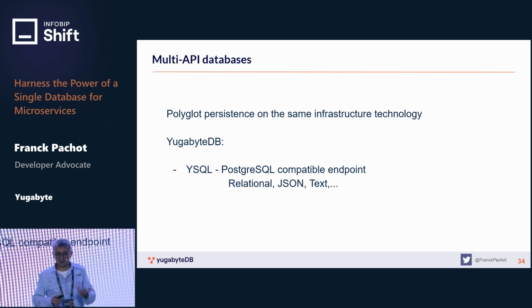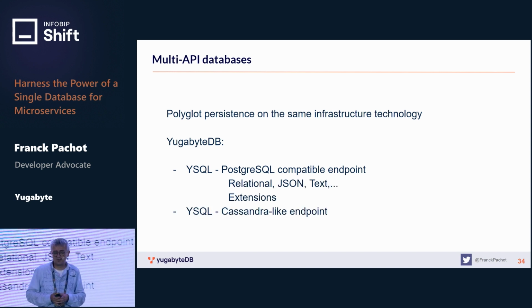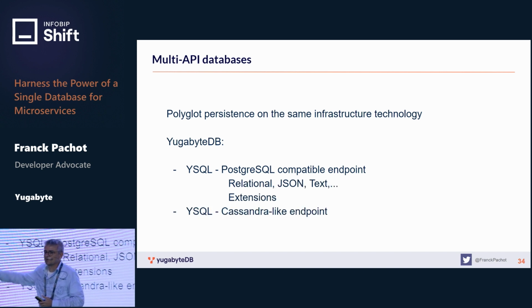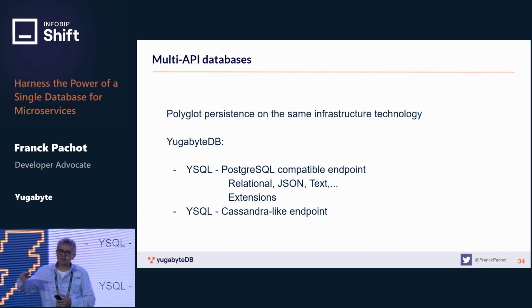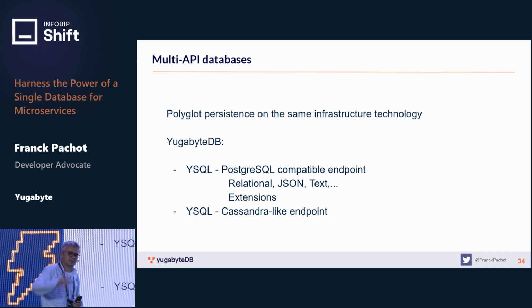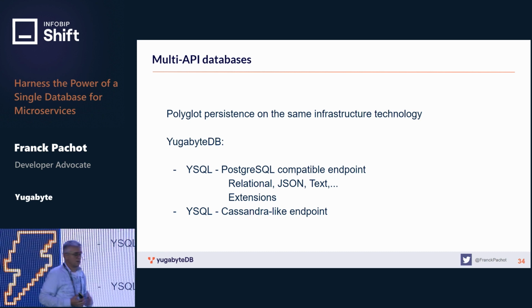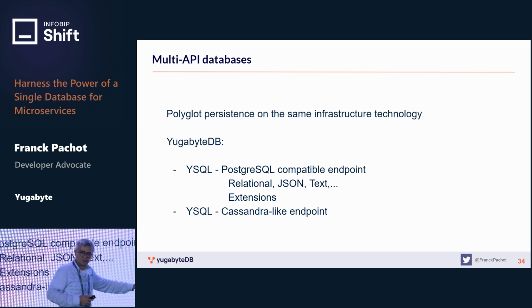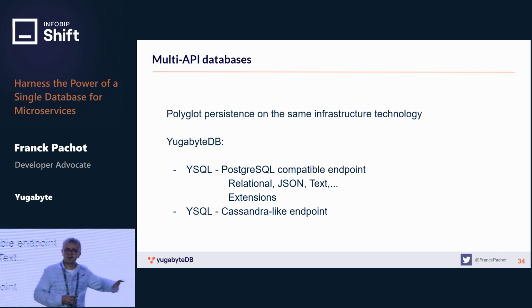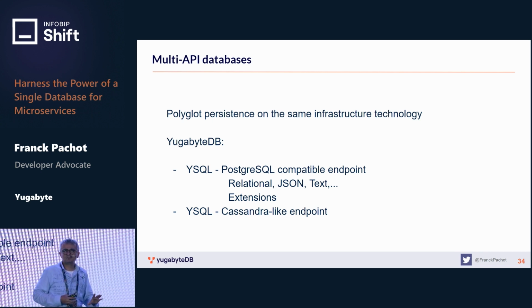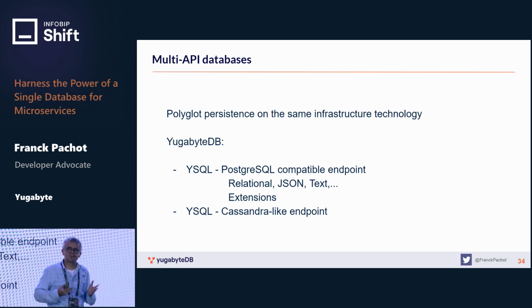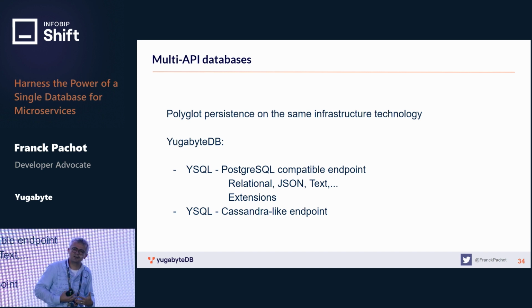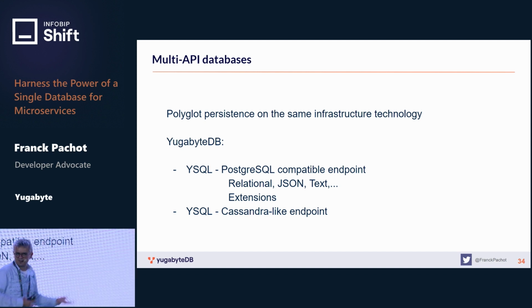And just to mention something else, one other reason for multiple services was to choose different databases, document, time series, whatever. An example, in Yugabyte, there is Postgres compatibility, but there is also a Cassandra-like compatibility. So it's still possible to run with different APIs on the same database. That exists also in other databases.